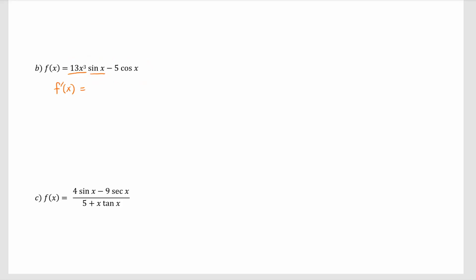So the product rule is the first guy prime times second guy plus the first guy times second guy prime, right? This is the first term. And then we also need to take the derivative of the second term. So constant multiple, leave it there. Derivative of cosine is minus sine x. So I hope that you're familiar with the formula, okay?